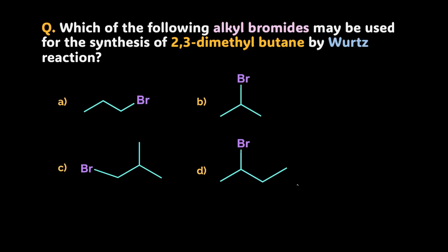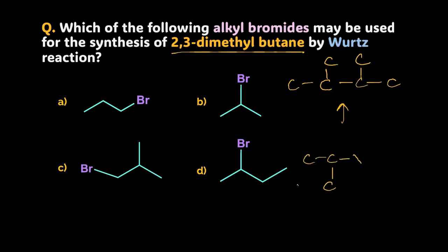All right, let's find out the answer to this question. For that, let's take a look at what is the final product that is getting formed. So we have 2,3-dimethylbutane. Okay, so this is the final product. Where do you think this would be coming from? Don't you think that if I would have had 2 such alkyl halides, then our product will be getting formed? So here X is bromine, right?